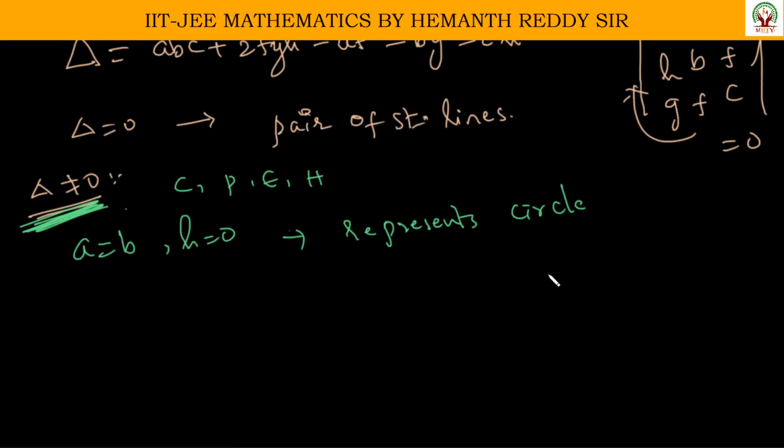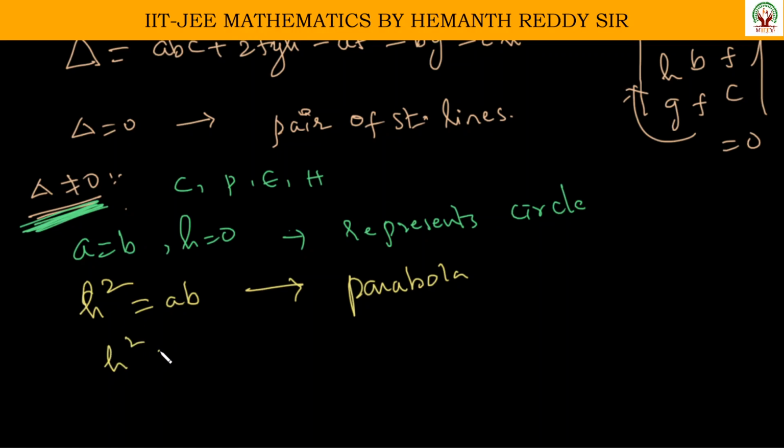Next, if h square is equal to AB, it represents a parabola. Delta is not equal to 0, h square equal to AB represents a parabola. If h square is less than AB, it represents an ellipse.